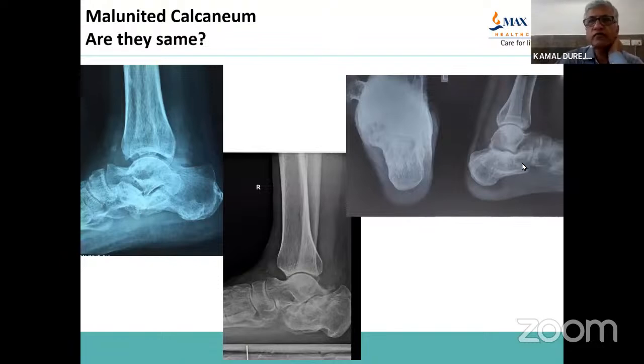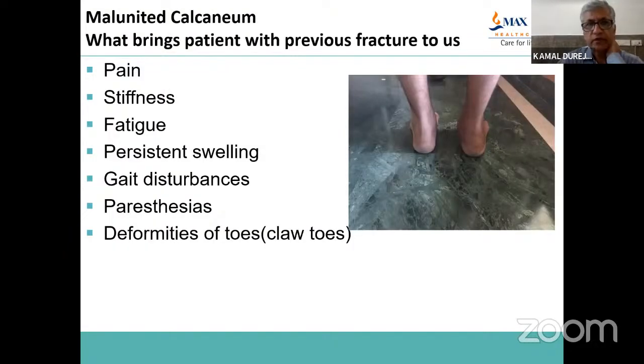So all these malunions, are they the same? Different types of malunions you see, but is there a single solution to them? As we go through this talk, we will understand that more. But first of all, why does the patient with malunion come to you?